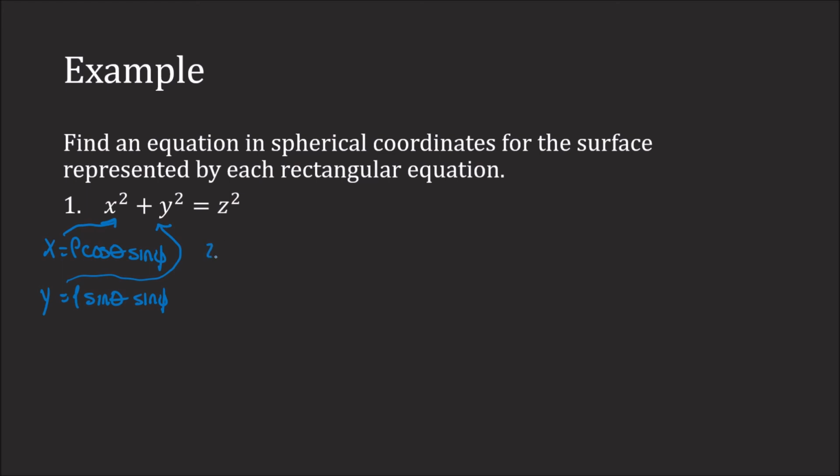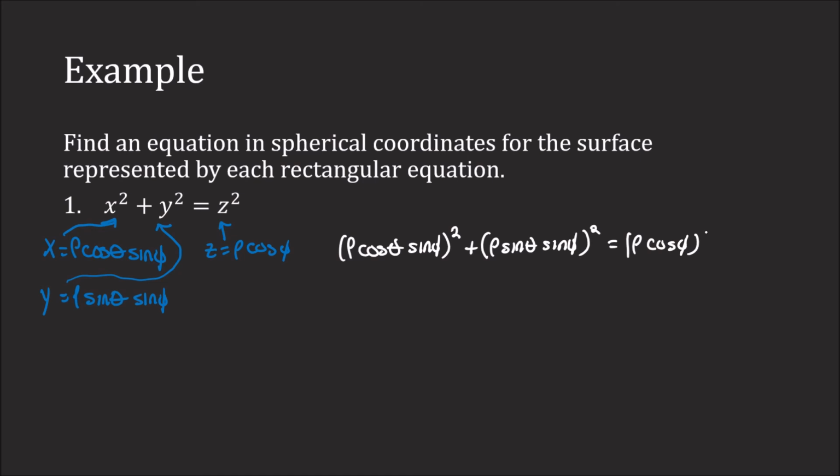And then we have z is rho cosine of phi, and so that takes care of that. So what we wind up with is rho cosine theta sine phi all squared plus rho sine theta sine phi all squared is equal to rho cosine of phi all squared.